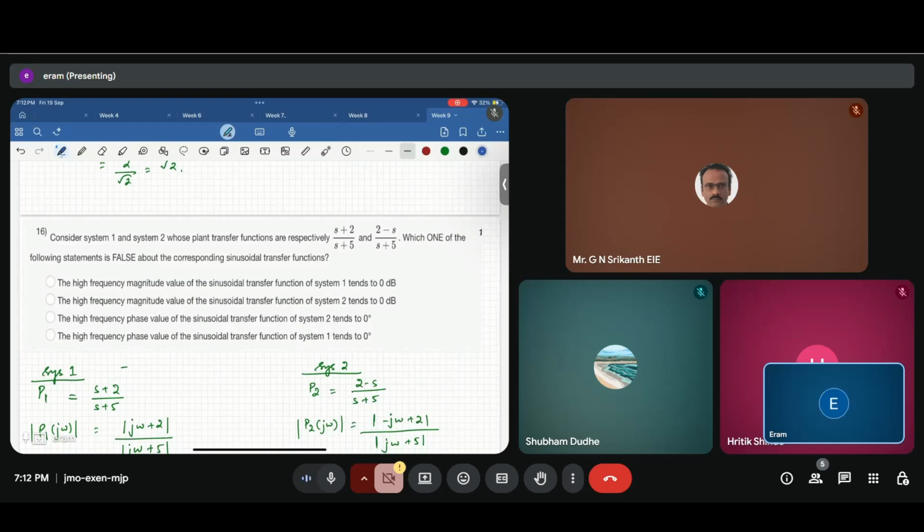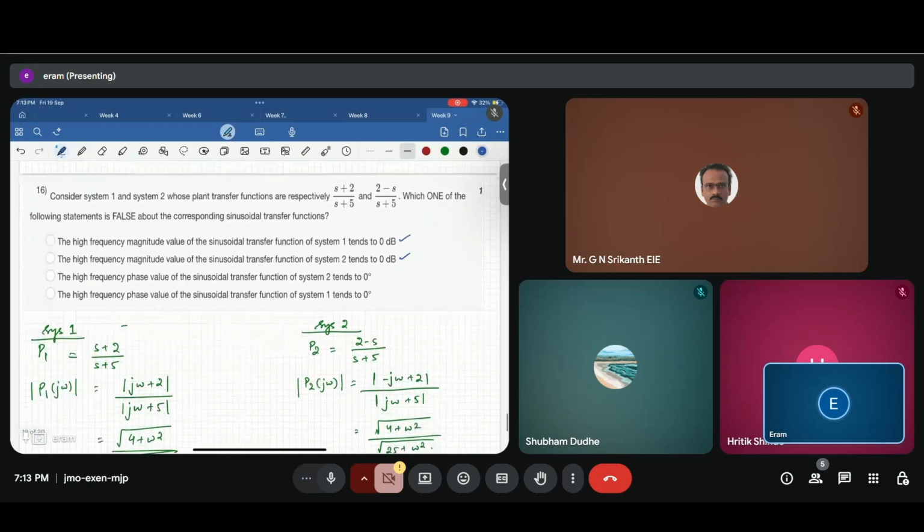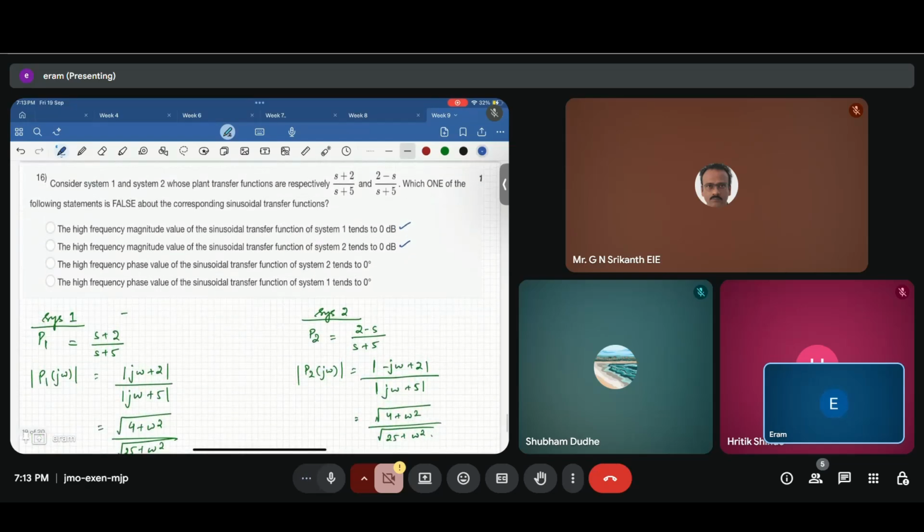So this is the correct statement. The second statement about system 2, the magnitude will also tend to 0 dB as omega goes to infinity. Now the third one is about the phase. So the high frequency phase value for system 2 tends to 0 and the high frequency phase value of system 1 tends to 0. Okay.